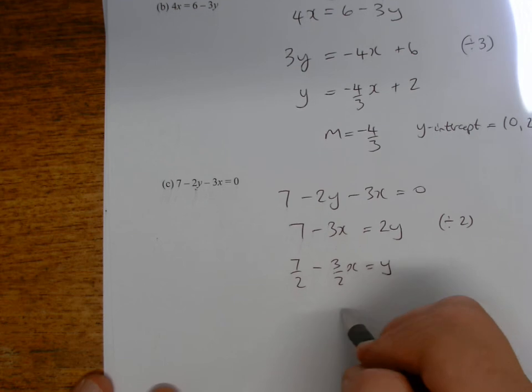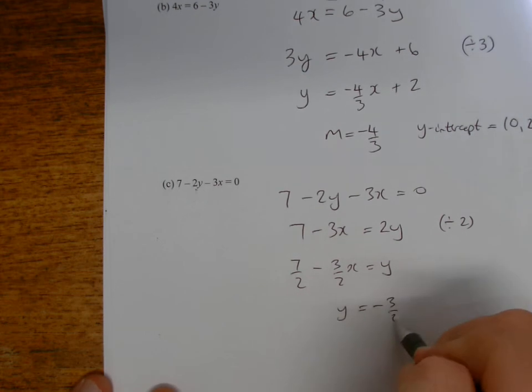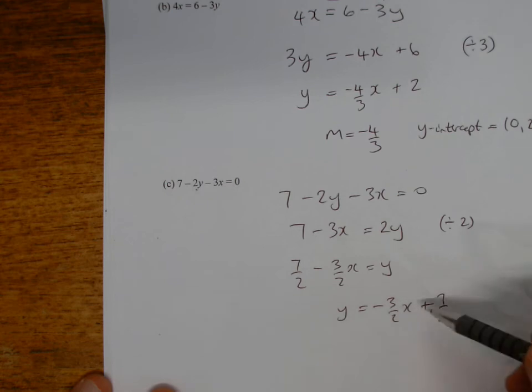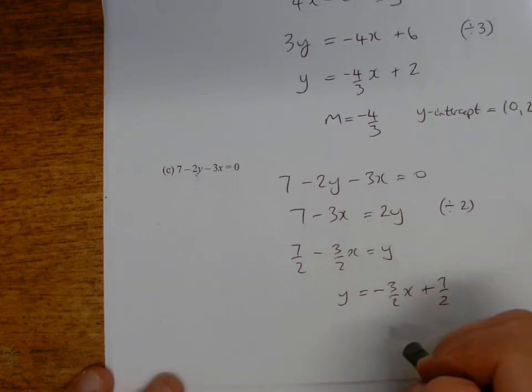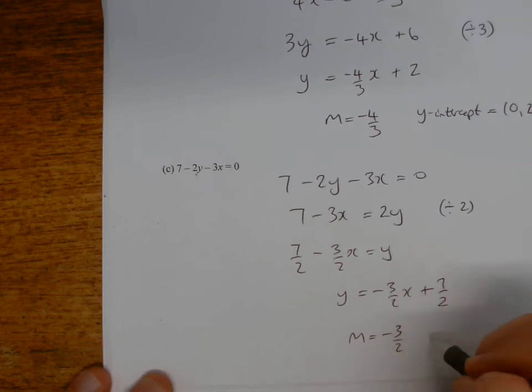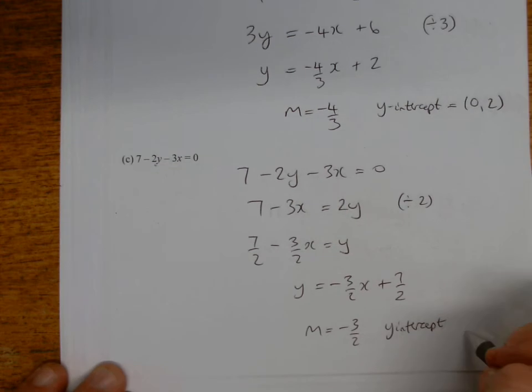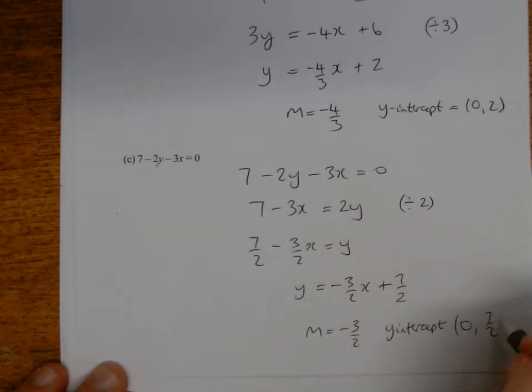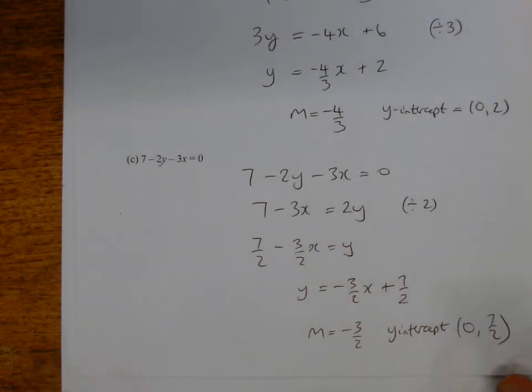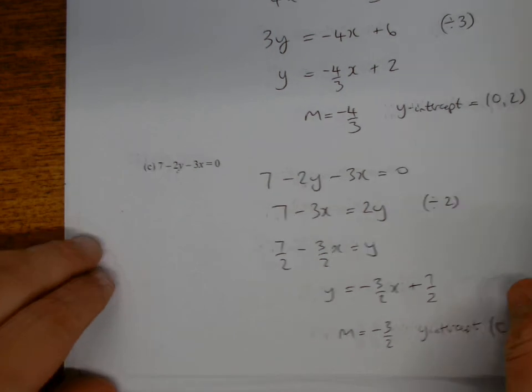So you've got it like that. You can write it the other way round if you prefer. Okay, so you've got then your gradient, which is negative 3 over 2, and your y-intercept, which is 0, 7 over 2. Okay, and we're done on that.